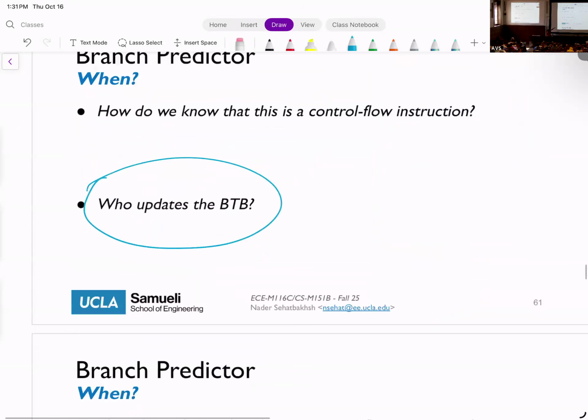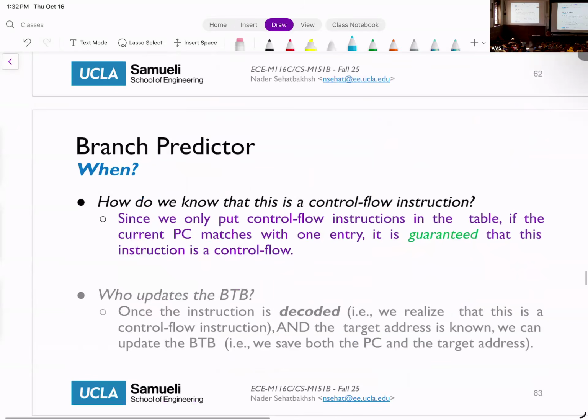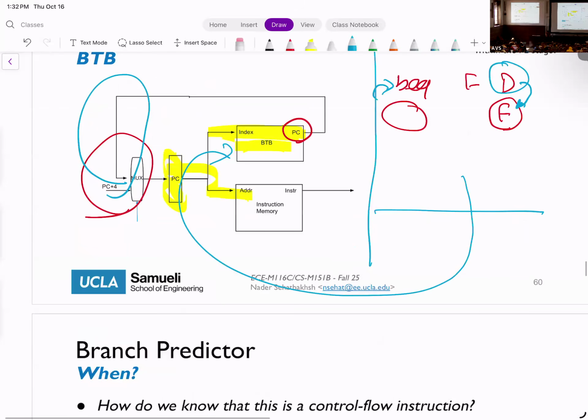The nice thing about that is that it also automatically answers the first question. Why? Because if there is a match in that table, it is guaranteed that it is a control flow instruction, because the entries in that table are only there when we have a branch instruction. So for every single instruction, I'm going to do the following. If this is an add instruction, for example, I put the PC and get the add instruction. I'm also going to put the PC of the add to the BTB.